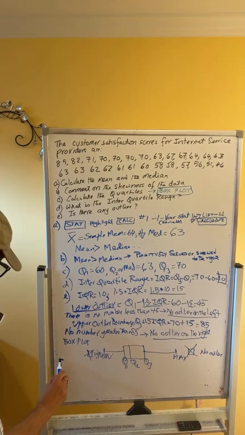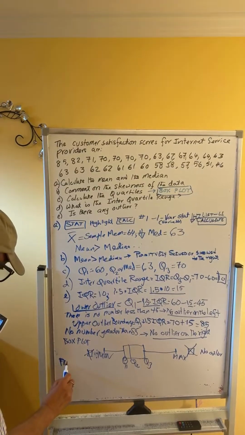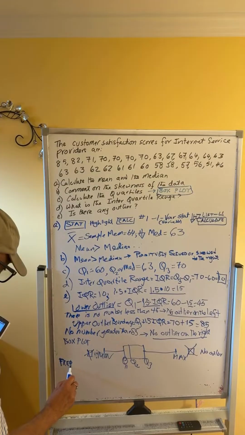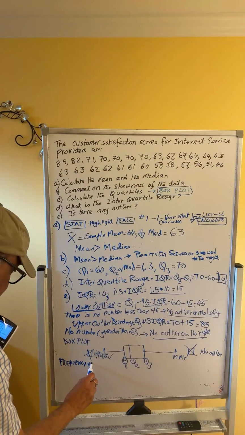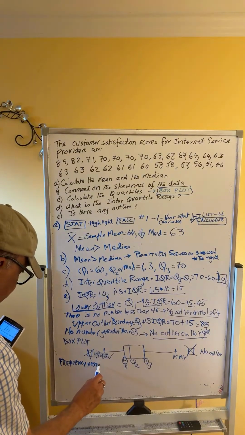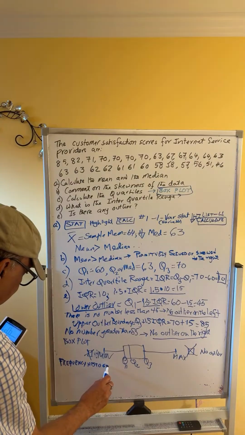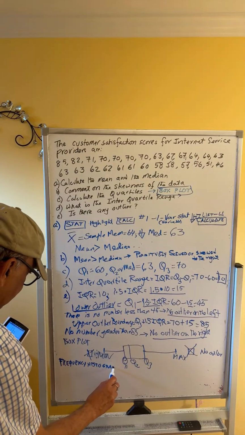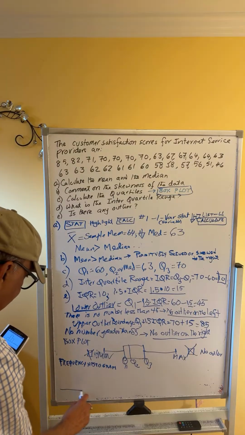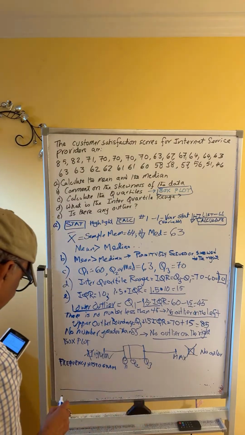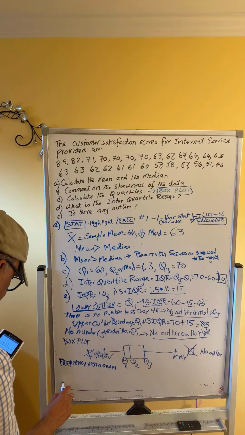This is the frequency histogram, with frequency on the vertical axis and the groups of data on the horizontal axis. The number 3 chart is the frequency histogram. Why do you want to do that? Because here you can clearly see that there is an extended tail on the right.